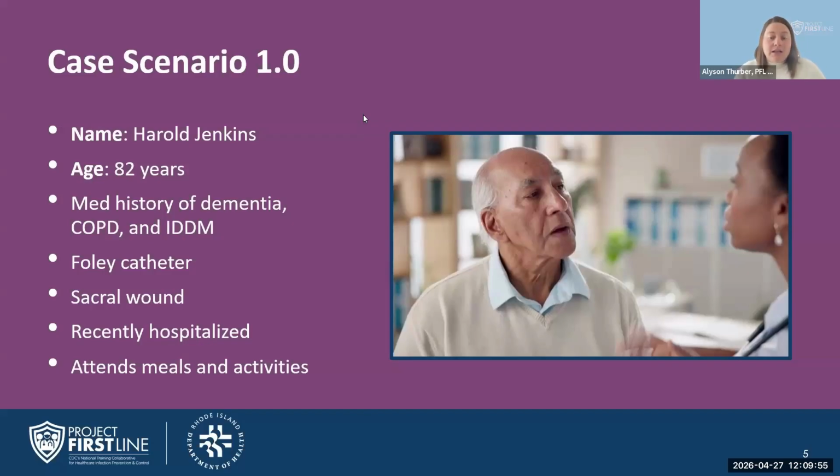Because of this, multiple staff have hands-on contact with him throughout the day. He enjoys attending group meals and facility activities like bingo regularly. Mr. Jenkins was also recently hospitalized for pneumonia and returned to the facility on new antibiotics. So we'll use Mr. Jenkins' story to see how standard precautions, transmission-based precautions, and enhanced barrier precautions apply in real long-term care situations.